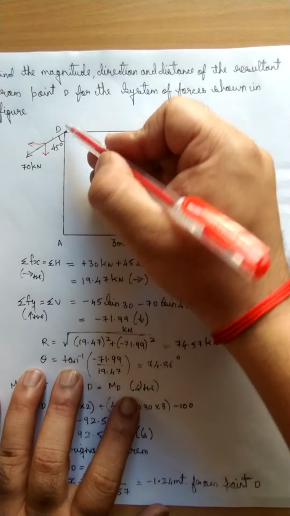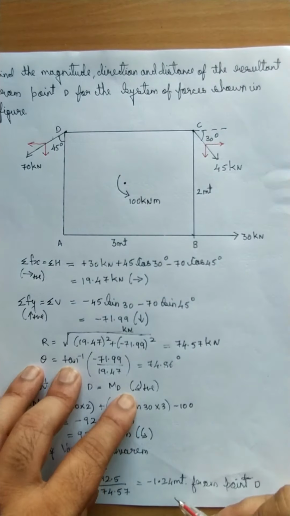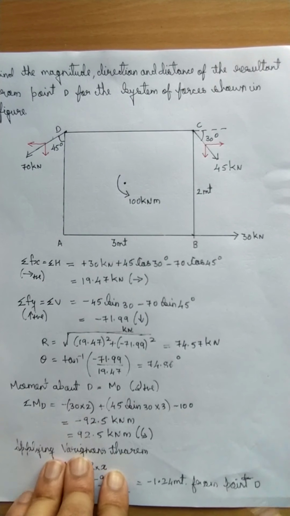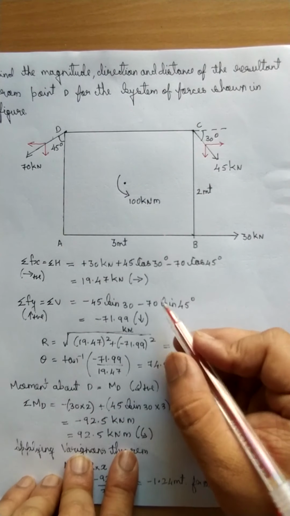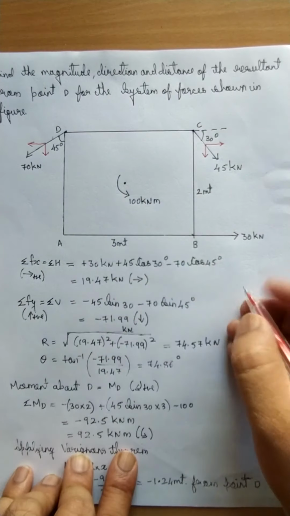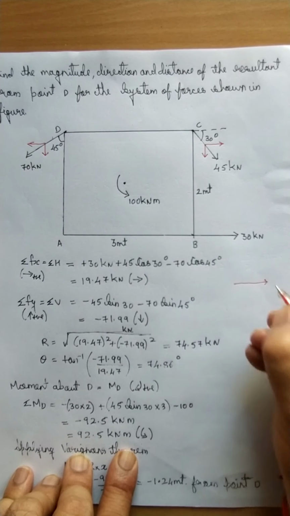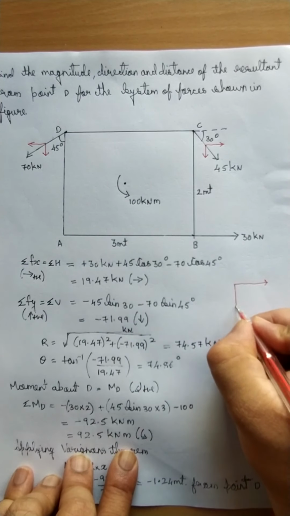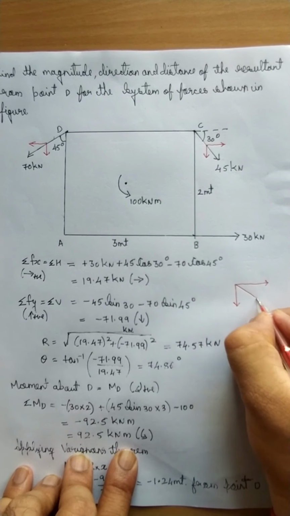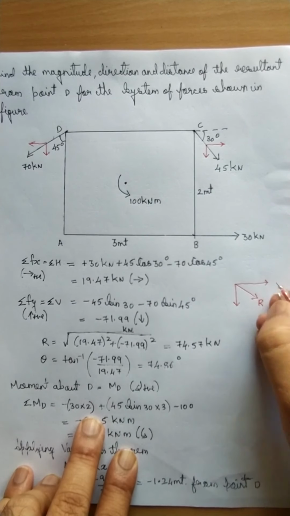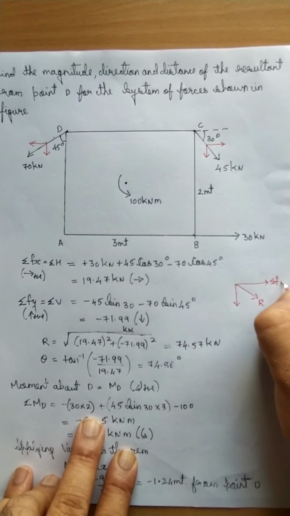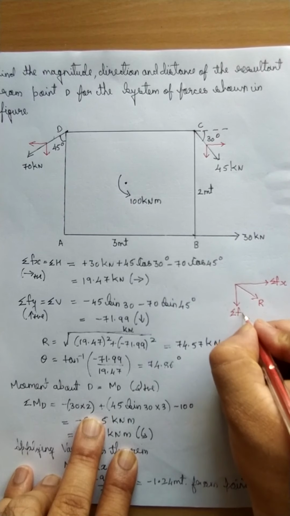So here is the point D and perpendicular to it is 1.24. Let us see how the resultant is marked. Our Fx is in forward direction, Fy is in downward direction. So the resultant will be marked like this. This is the resultant, this is summation of Fx, this is summation of Fy.